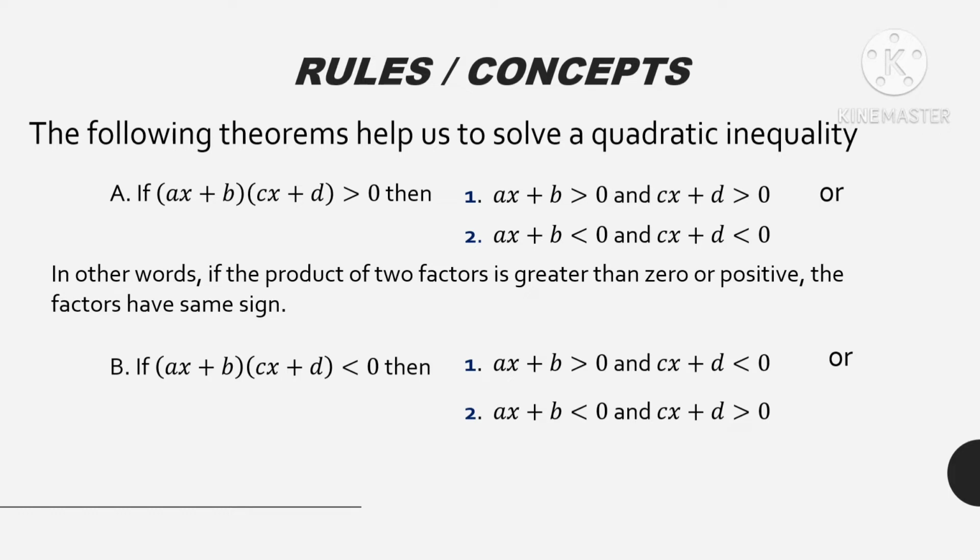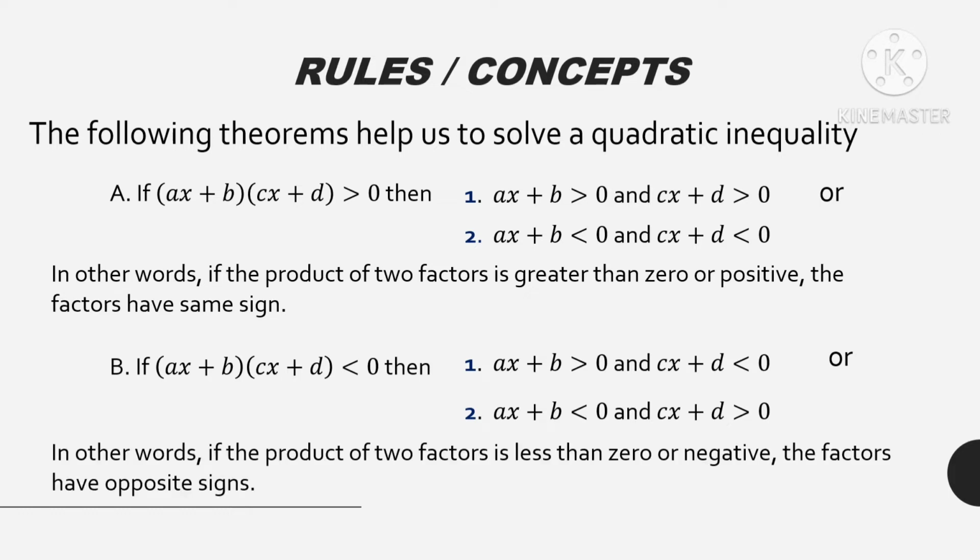That's theorem number 2. So in other words, if the product of two factors is less than 0 or negative, the factors have opposite signs. So in order for us to have a negative product, the two numbers or expressions to be multiplied must be in opposite signs. Okay? So, these are the two theorems that will help us in solving quadratic inequality.